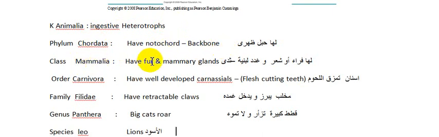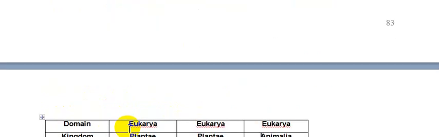Class Mammalia have fur, their skin covered with fur or hair, and they have mammary glands. Order Carnivora have well-developed carnassial, flesh-cutting teeth. Family Felidae have retractable claws. Genus Panthera, big cats that roar. Species leo; leo means the lion.